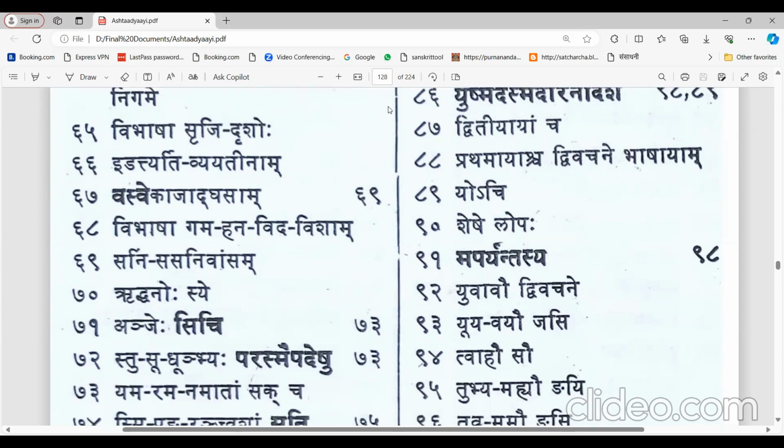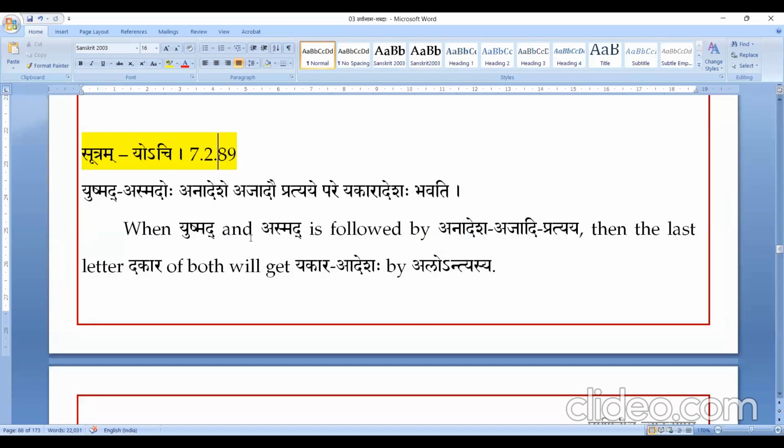The next sutra Yoj achi that we are saying. Ajadi Vibhakti Pratyaya Pare. What type of Ajadi Vibhakti Pratyaya? Anadeshe Ajadi Vibhakti Pratyaya. When Vibhakti Pratyaya, which do not get any replacement Adesha, when that follows, what will happen? Yaha will be the Adesha in the place of Yushmad and Asmad, therefore Antyasya, Alontasya Paribhashaya, Dakara will be replaced.